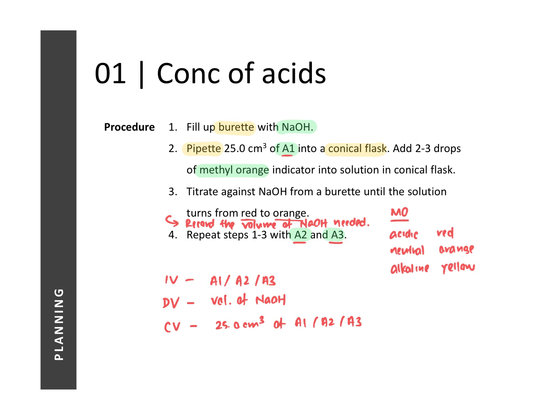And if we repeat steps 1, 2 and 3, essentially we are using the same NaOH, so the concentration is also kept constant. So from our procedure it is very clear what the independent variable, the dependent variable, and the control variables are. And as highlighted, the chemicals and the apparatus required are also clearly stated.